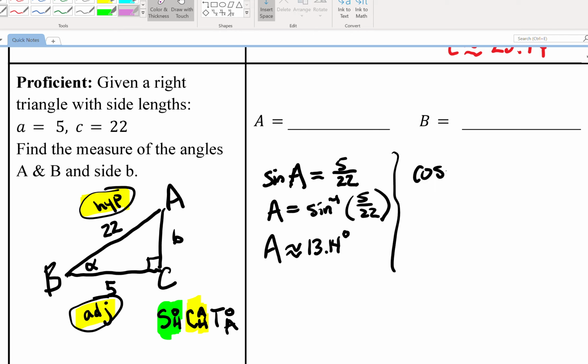The cosine of B is equal to the adjacent, which is in this case 5, over the hypotenuse, which is 22. And then once again, I'm going to put B is equal to the inverse cosine of 5 over 22.